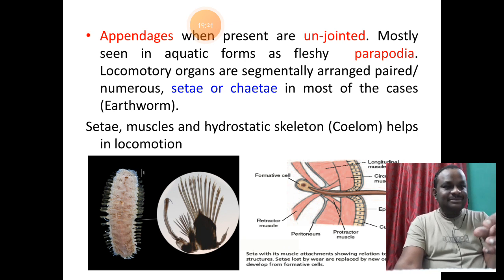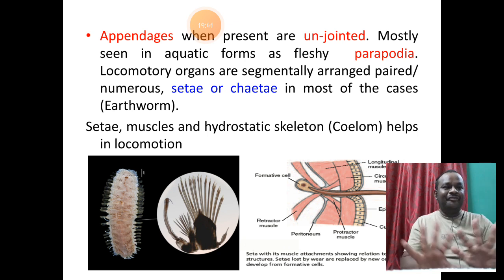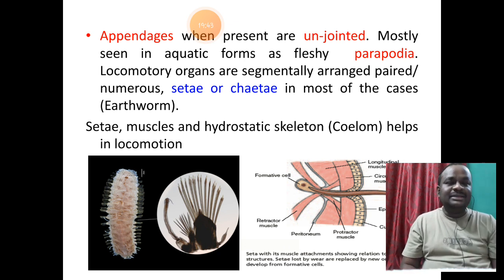These unjointed appendages look fleshy, meaning they are made up of muscles. When they are made up of muscles showing extensions of rods, as you find in the diagram towards the left side, they are called parapodia, plural; parapodium, singular.